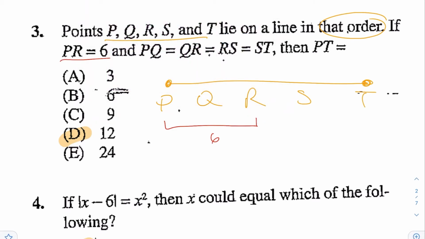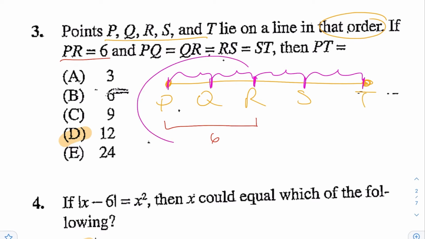So that's from this piece of info. And then the next piece of info says that P to Q is equal to Q to R is equal to R to S is equal to S to T. So essentially P to T got split up into 4 equal pieces.